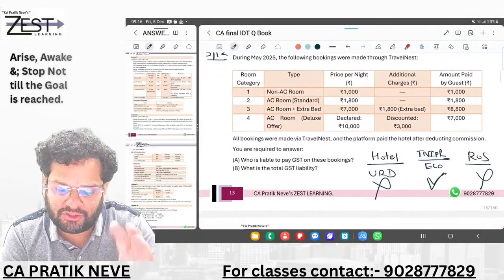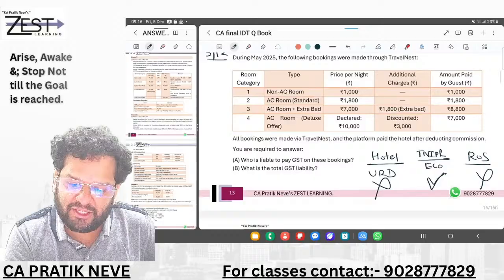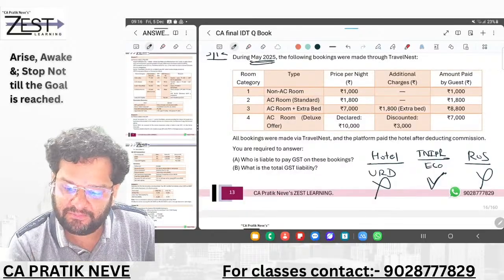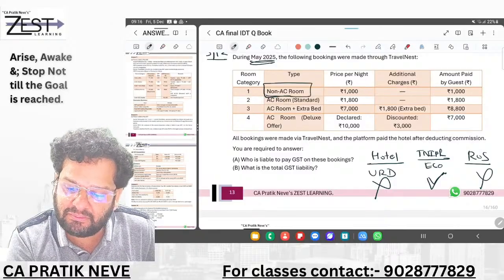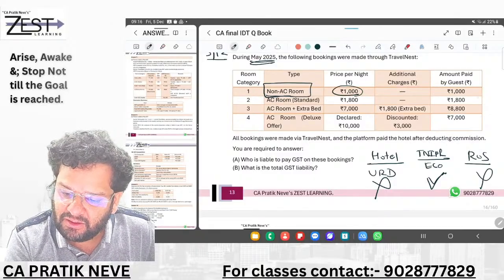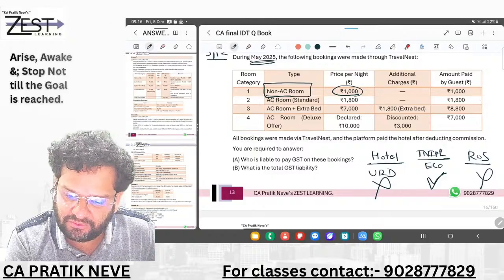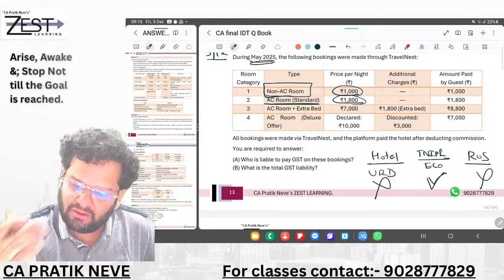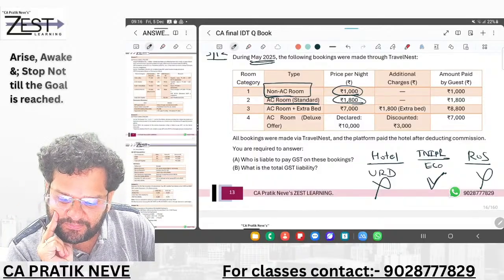Now on how much? During May 2025, the following bookings were made through Travel Nest. Non-AC room, doesn't matter, GST is payable on this whole 1000. AC room, GST is payable on the whole 1800.